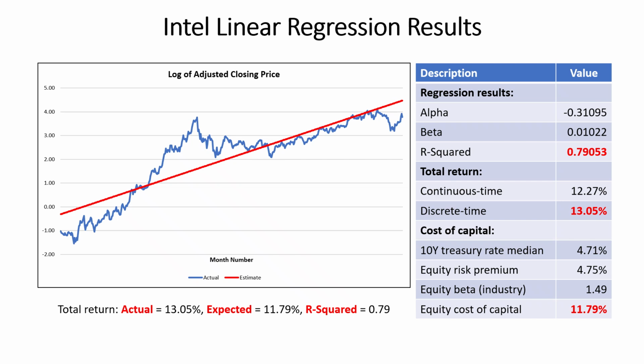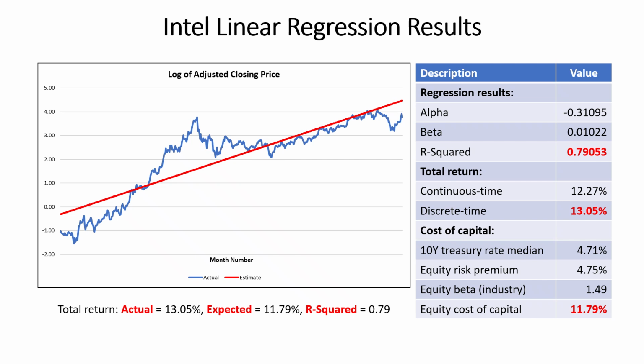A beta more than 1 in this case means it's riskier or more volatile than the market as a whole. And we say that the equity beta for the industry is 1.49. So the way that we get the cost of capital, or what the market expects, is we take the 10-year treasury rate, so that's 4.71%, and then we add in the equity risk premium 4.75% times the equity beta of 1.49. So we get a cost of capital of 11.79.